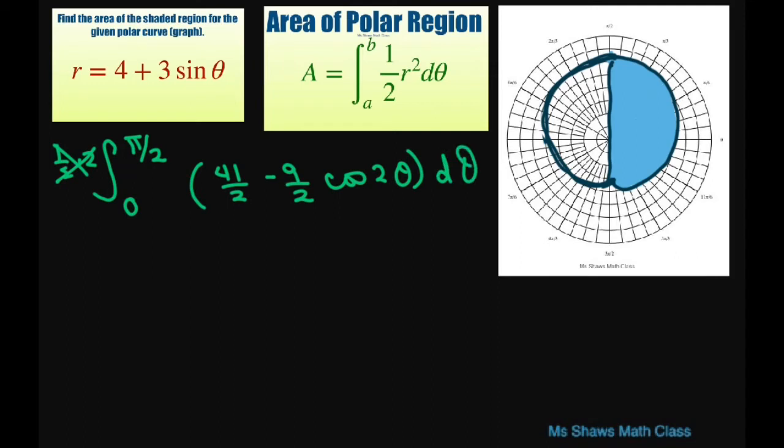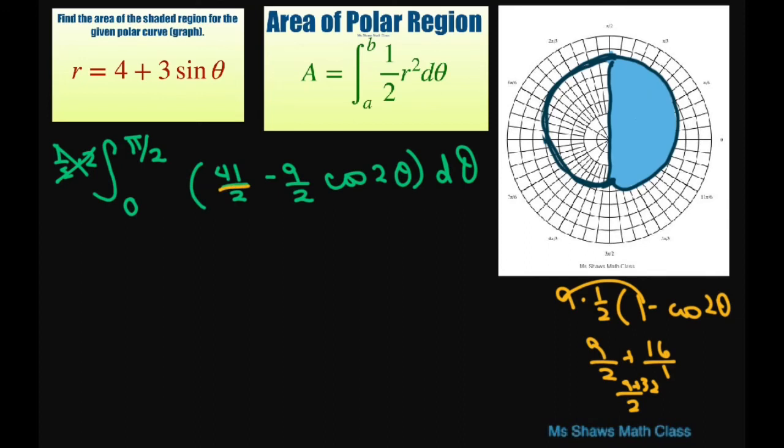So basically what I did is, on the other piece we had 9 times 1/2 times 1 minus cosine of 2 theta. When you distribute this, you get 9/2, and I just added it to my 16. And then when you do that, you get the same common denominator. So that's going to be 9 plus 32, which gives you the 41.